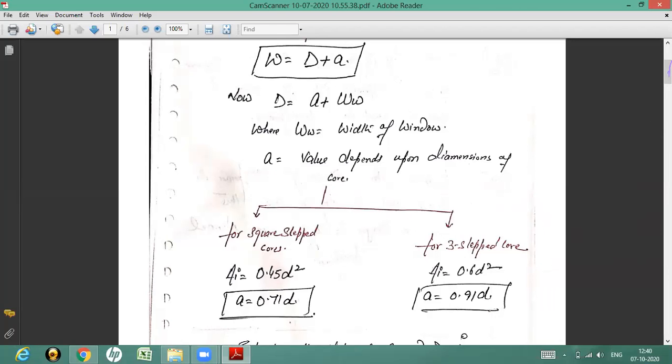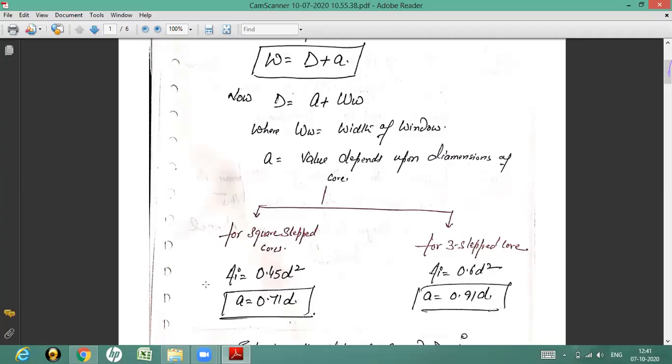Now the question comes in the numerical, in the design problem, from the client side or from the design point of view side, it is clear that we are using a square stepped core or we are using a three stepped core. For example, if we use a square stepped core, in that case you had already calculated AI from the main dimensions.